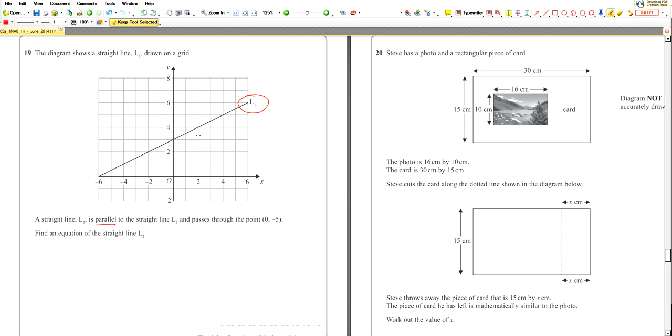Now, we first need to work out the gradient of this line. So let's get a straight line tool and make a triangle under the line. Any size triangle works, but ideally one that goes through the corners.